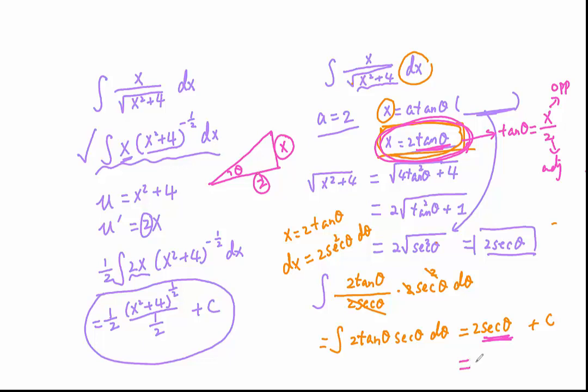The secant is, what is the secant? 1 over cosine. So let's do the cosine first. Cosine is adjacent over hypotenuse. I have to find this part first, right?